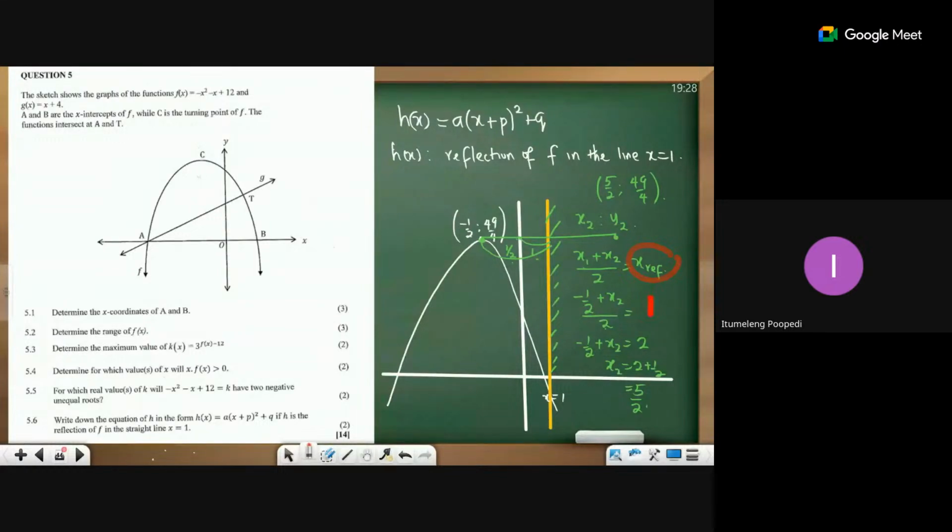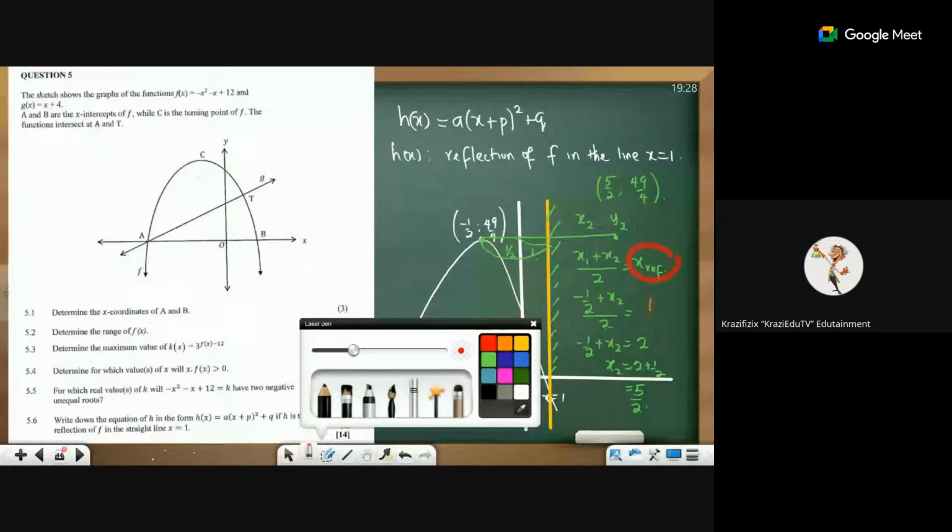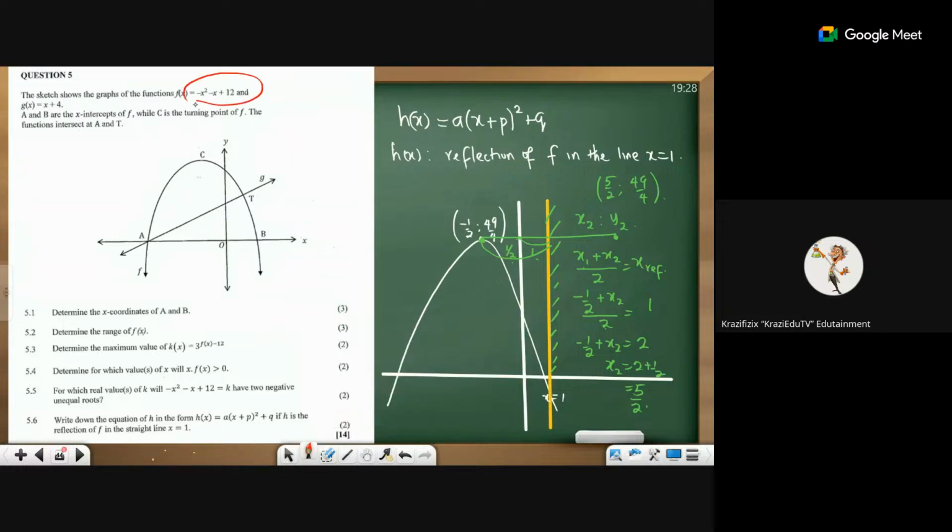All right, guys, let's quickly answer this. From our equation, what is the value of a? It's negative 1. Beautiful. So my h of x would be negative 1, open bracket, x.